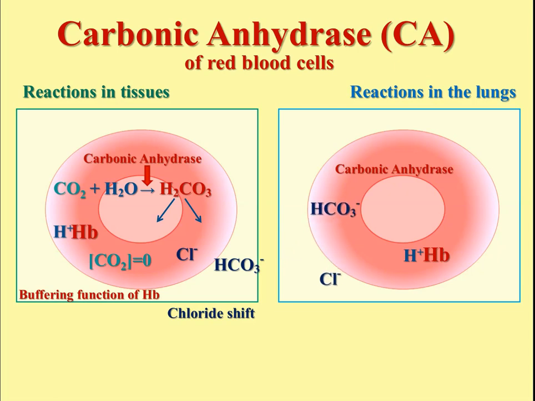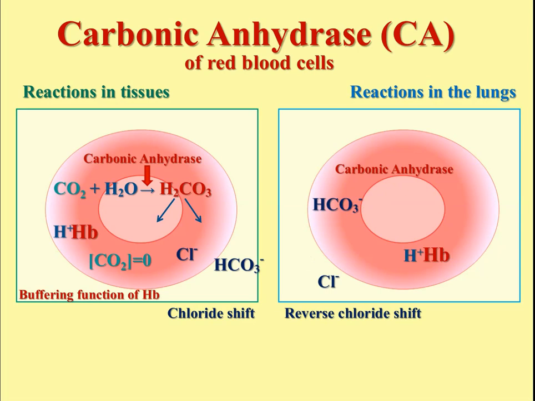HCO3 minus moves into red cells in exchange with chlorine. HCO3 minus constantly will move there because it disappears again. It becomes converted. The movement of HCO3 minus in exchange with chlorine is called reverse chloride shift. HCO3 minus becomes bound with H plus.